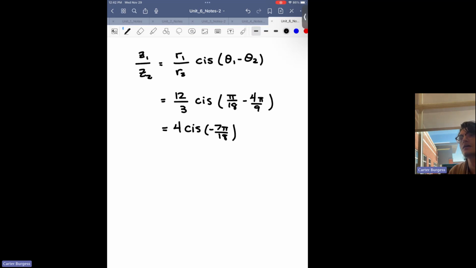Questions with our multiplication and division of complex numbers now in polar form?